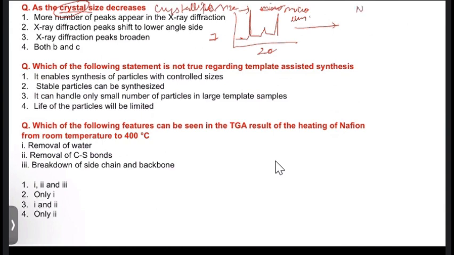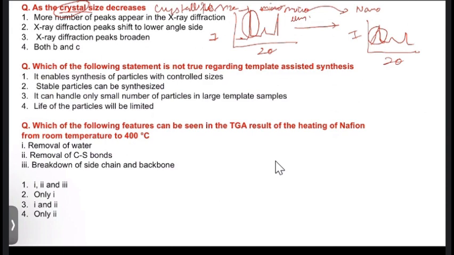But what happens when it changes into nano? What happens to the XRD pattern? The XRD pattern looks somewhat like this. Position remains same, but the peak broadens.